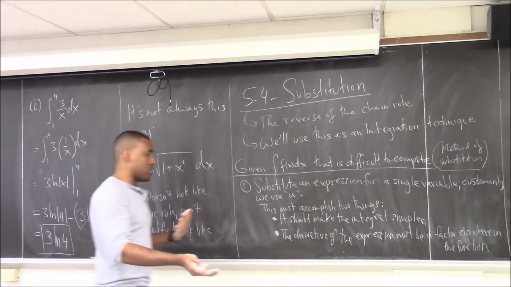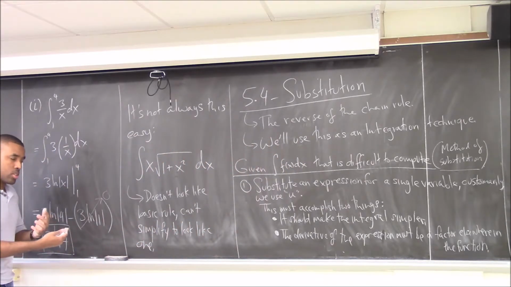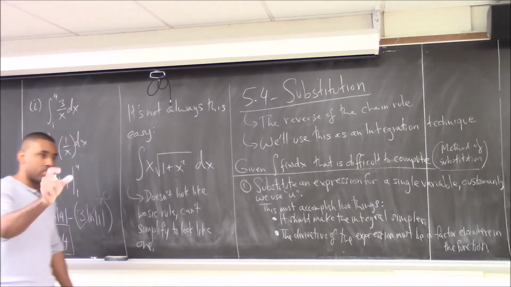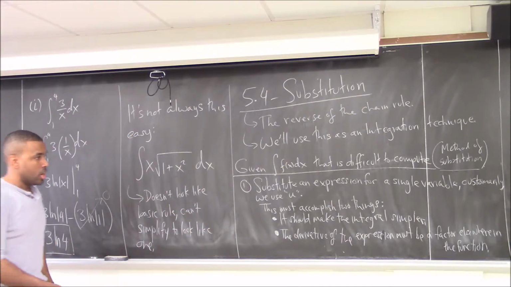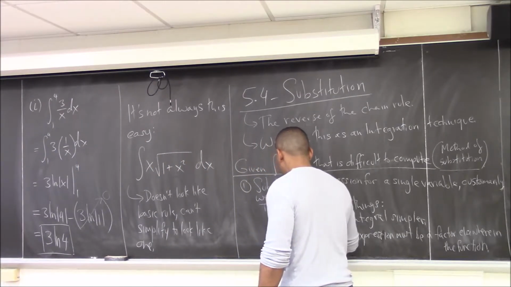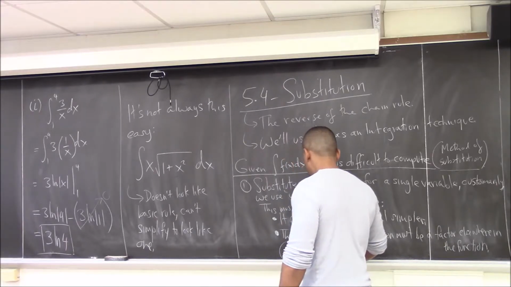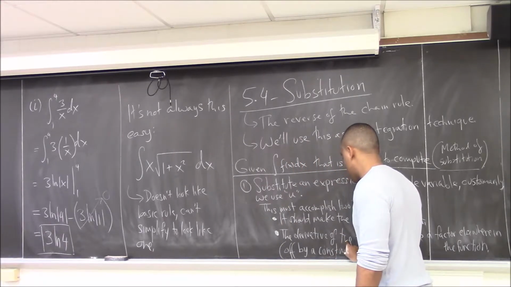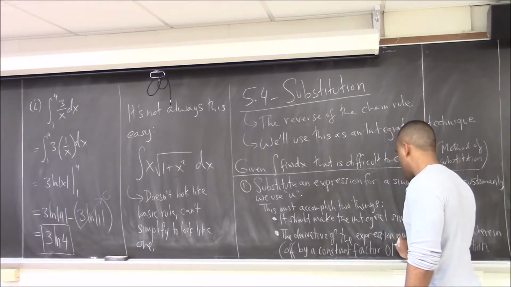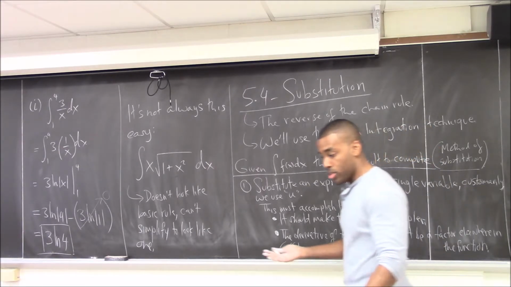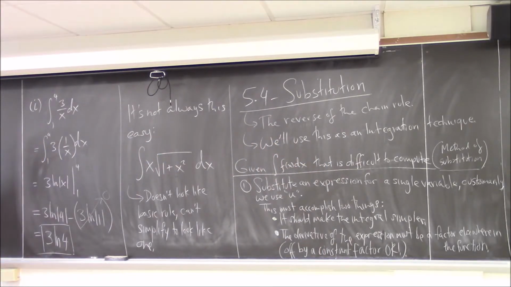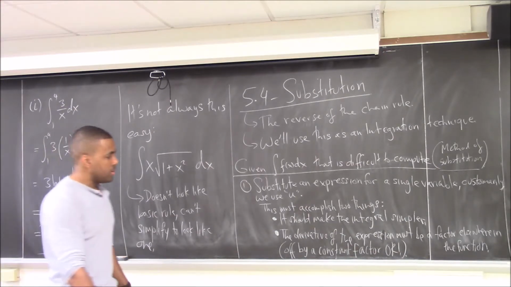So we're going to substitute an expression that's hopefully going to simplify things for us, but at the same time we need to make sure the derivative of whatever we substitute, I can find it somewhere else hanging out in the function. If it's off by a constant factor, we don't care. It's basically just the variable part of the derivative. Off by a constant factor is okay. Why? Because with derivatives we can always factor out constants. So a constant factor being off doesn't matter to us. We can just always factor it out.